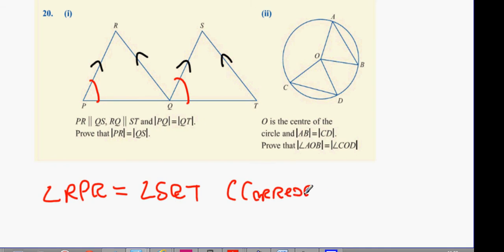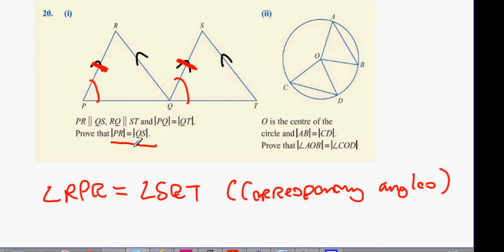Corresponding angles. Okay, guys. Now, the next one says that PR is the same length as QT. Yeah? So, it says it here. PR is the same length as QS.